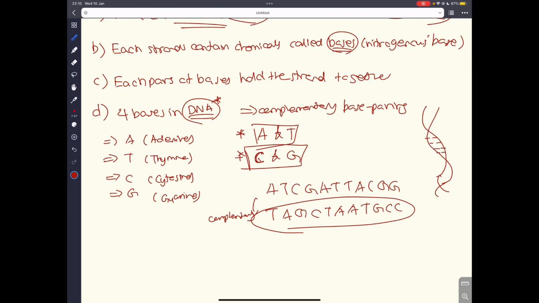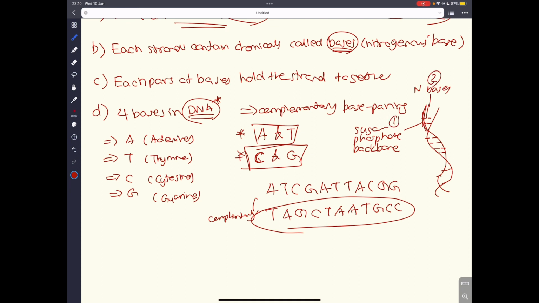The bases are inside of the strands. This line here is a sugar phosphate backbone. So the chain to which the bases are joined is a sugar phosphate backbone, and the bases are nitrogenous bases, right?